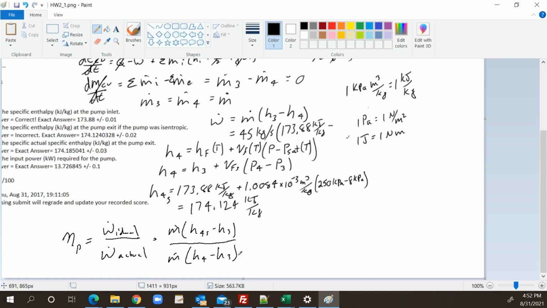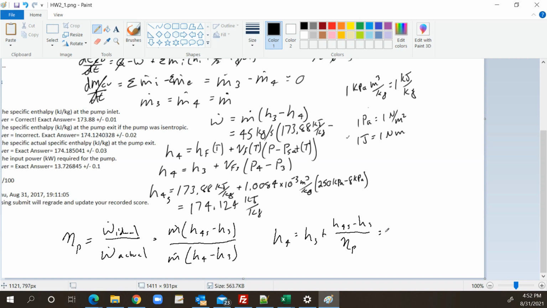And then I'm trying to solve for h4 in this case. So h4 would equal, rearranging some things, h3 plus (h4s minus h3) divided by the pump efficiency.